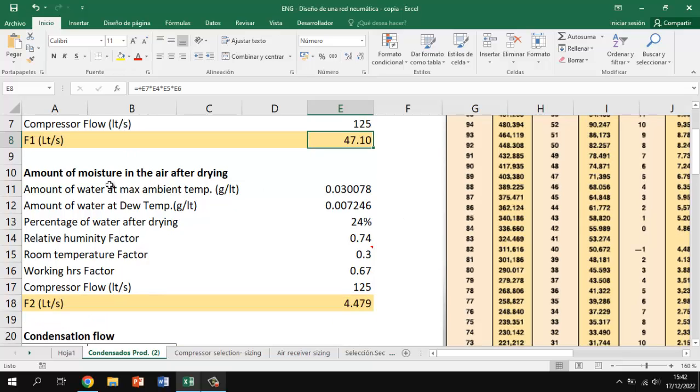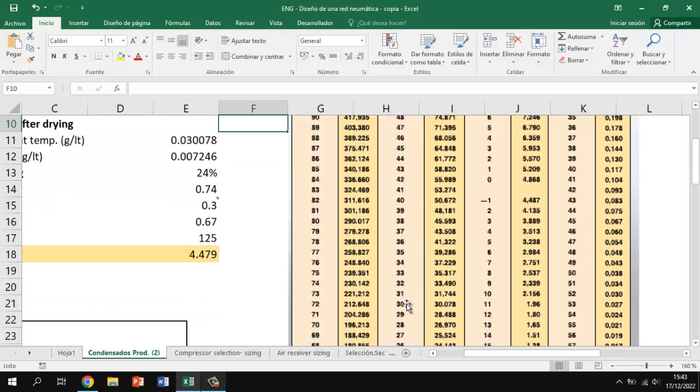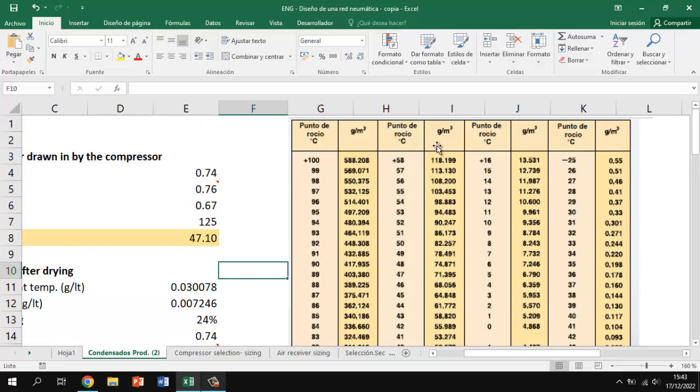Now you need to know the amount of moisture in the air after drying. For this you need to know the percentage of water after drying. First of all, you need to know how much water is in your ambient temperature. Remember that we said we are at 30 degrees. This is the table that we have, 30.078, in grams per cubic meter.